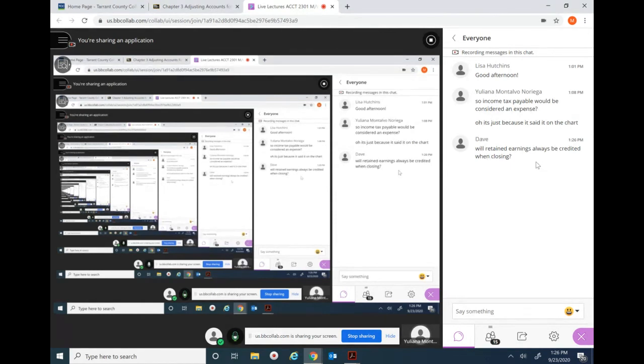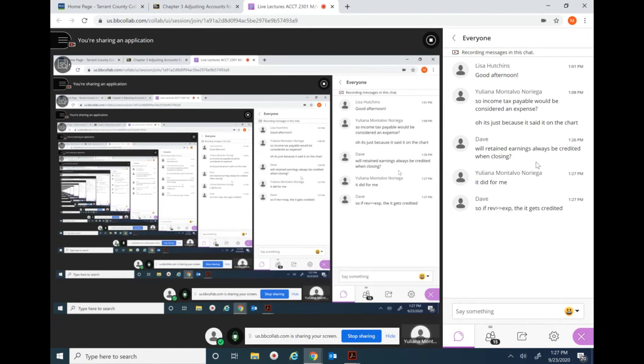Does that help? Okay, so yes, if revenues are higher than expenses, it will be credited. If expenses are higher than revenues, it would be debited.